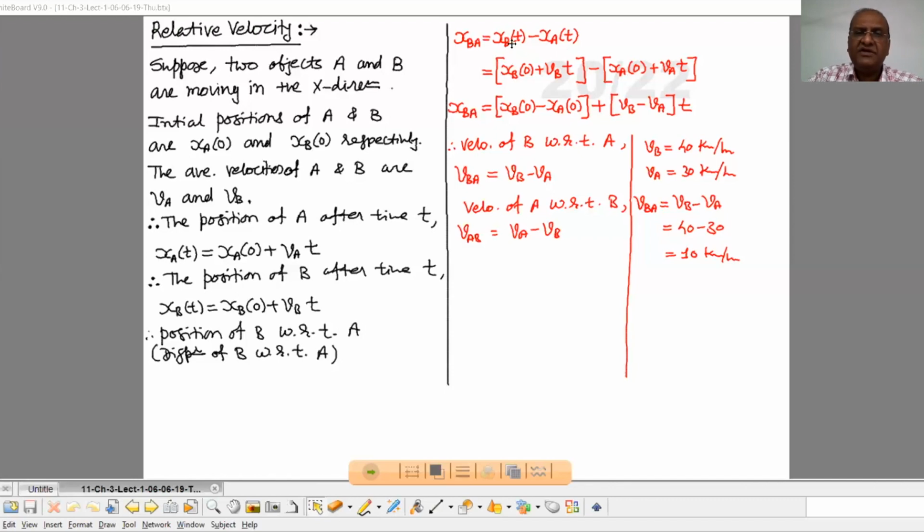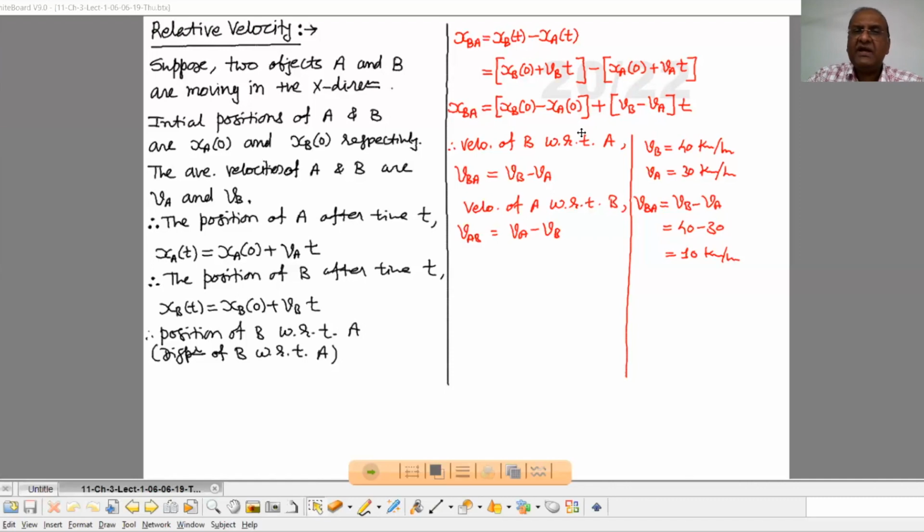Now, substitute xb(t) = xb0 + Vb t and xa(t) = xa0 + Va t. So we can write (xb0 - xa0) + (Vb - Va) t.